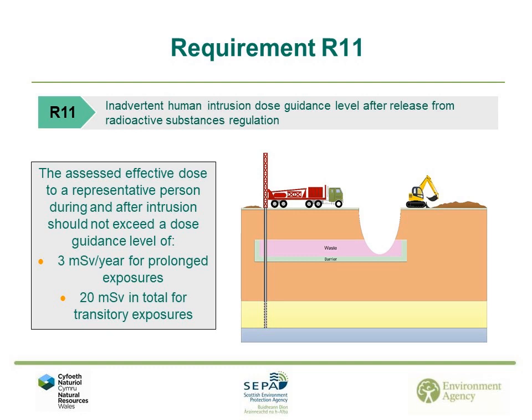The assessed effective dose to a representative person during and after the assumed intrusion should not exceed a dose guidance level in the range of around 3 millisieverts per year to around 20 millisieverts in total. Values towards the lower end of this range are applicable to prolonged exposures, while values towards the upper end of the range are applicable only to transitory exposures. Prolonged exposures means exposures of around a year or more.